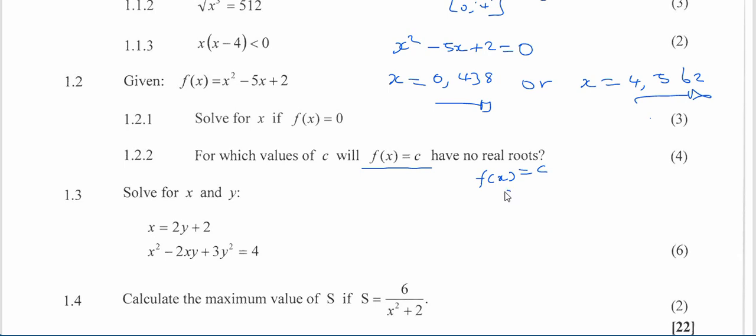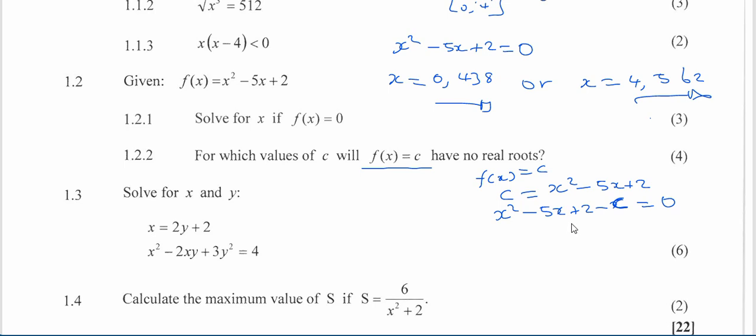We're going to say c equals x squared minus 5x plus 2. We're going to take this one to that side, where we're left with 0 this side. We're going to be left with x squared minus 5x plus 2 minus c. So this is our c.